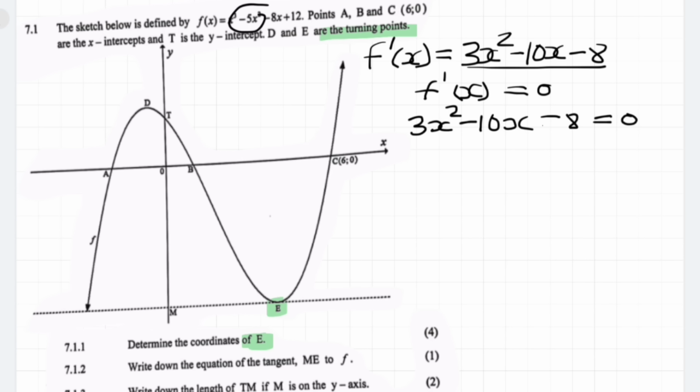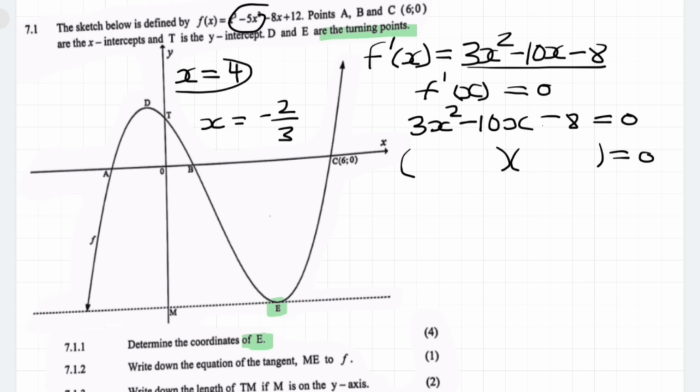Rather, what I always recommend to my students is to use the quadratic formula on your calculator aside, and just come back here and write those kinds of factors. Let me just explain using it. If you use the quadratic formula on this equation, your first x is going to be equal to 4. The second x is going to be equal to negative 2 over 3.